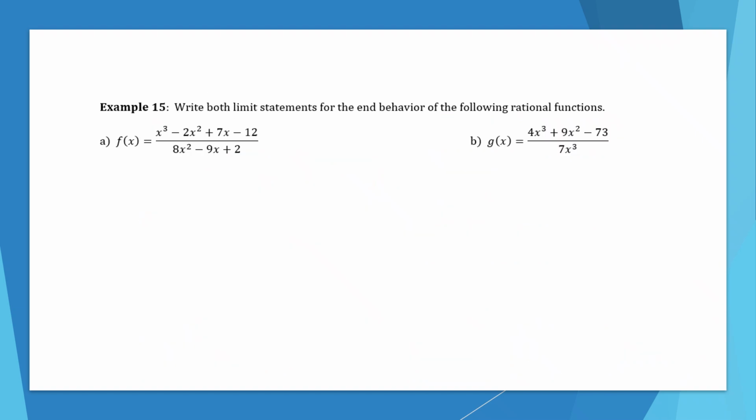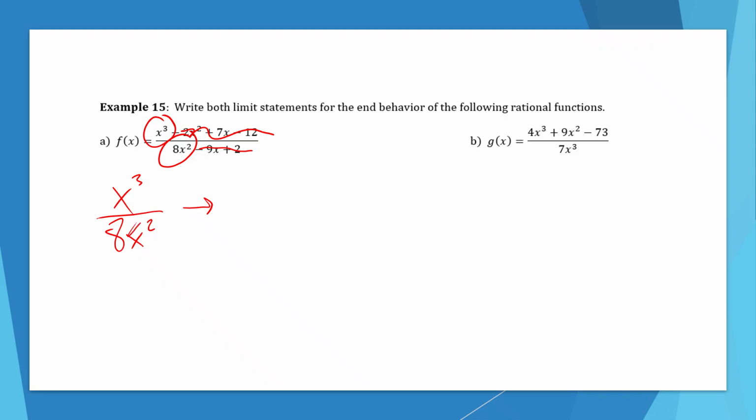Right? All right, so for example 15, we want to write both limit statements for these rational functions. For a, taking the leading terms, I see x cubed and 8x squared. I don't care about anything else, so x cubed over 8x squared. I see that this is going to be top heavy, so what I'm going to do is simplify this as much as I can.